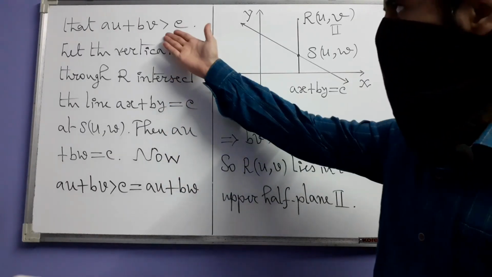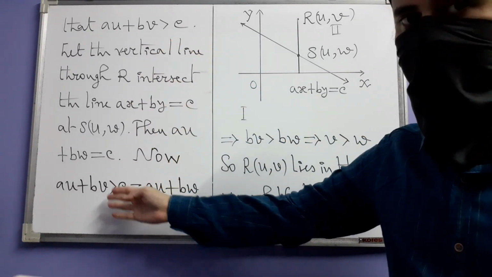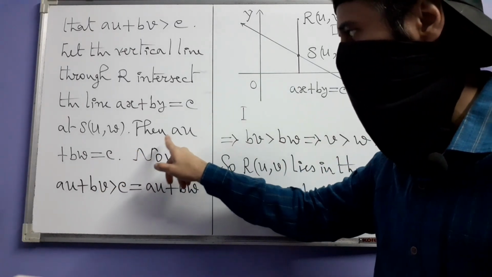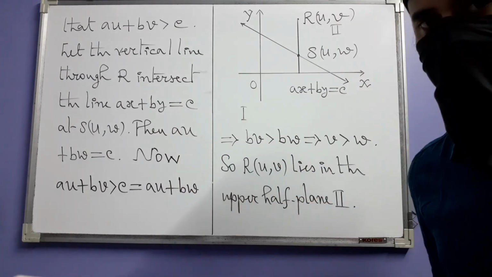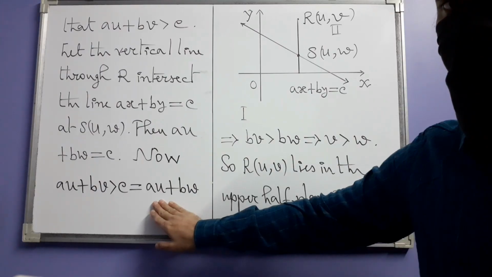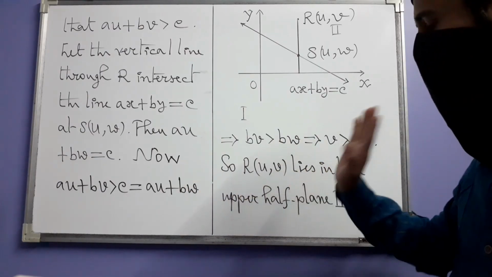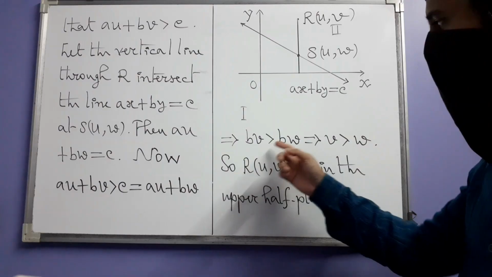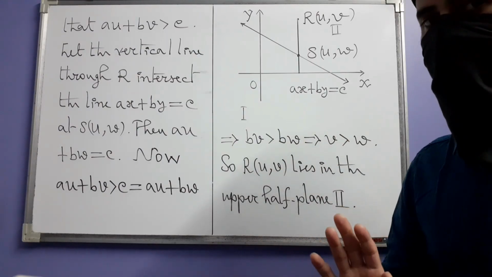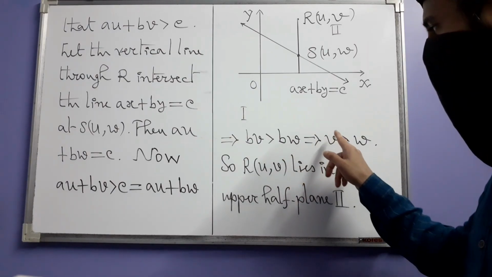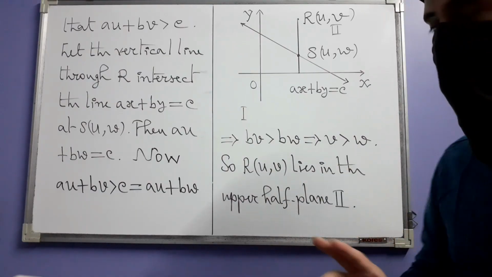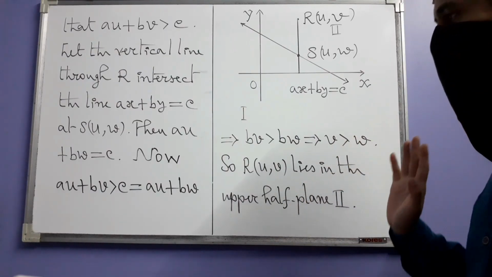We start with this inequality which is already with us, au plus bv is greater than c, but now additionally we also have this information that c is equal to au plus bw, and then from both sides of this inequality we can subtract au, and that will give us bv greater than bw. Then you can divide both sides by b. Not only can you divide by b because b is non-zero, but actually after division the inequality will retain its direction because b is positive. So that gives you v greater than w.